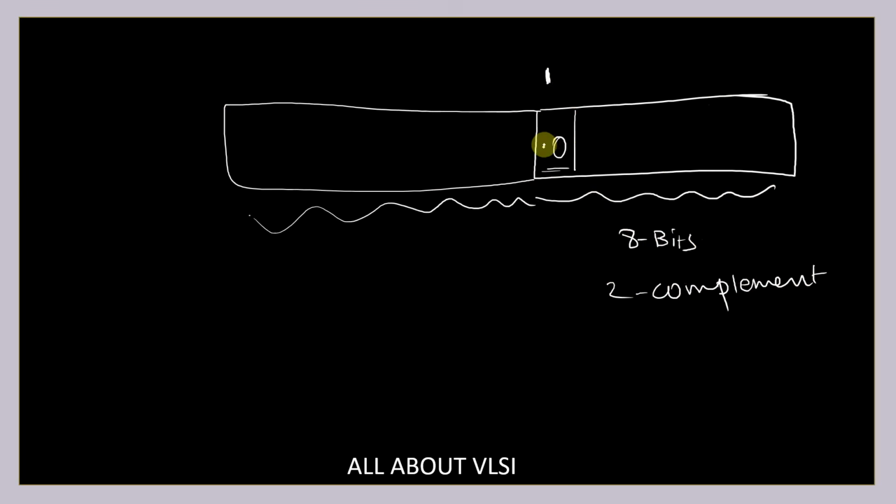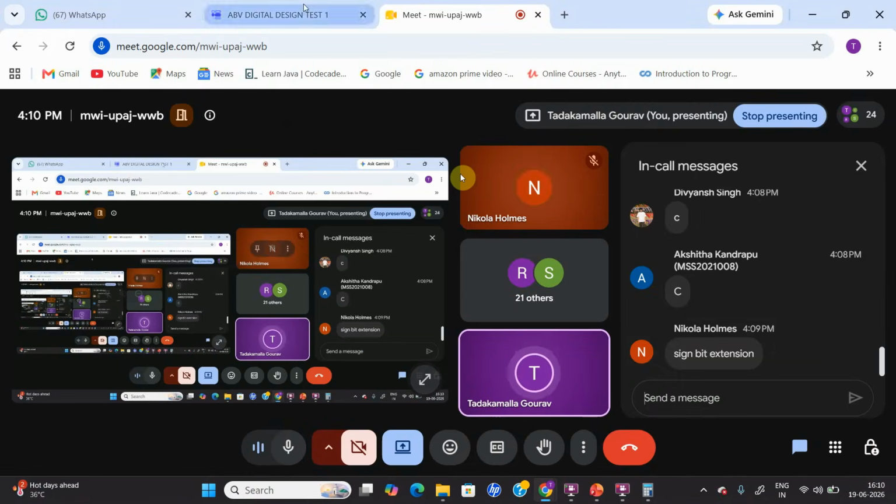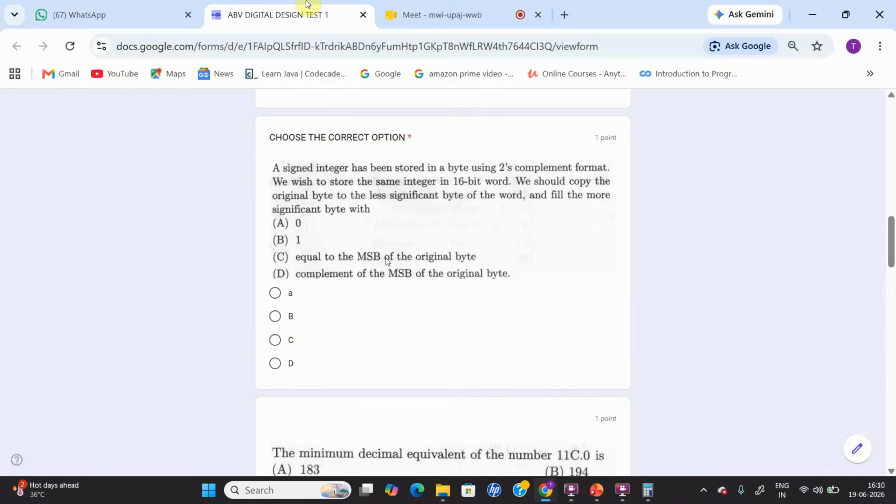If the MSB was 0, you fill with zeros, and if the MSB was 1, you fill with ones. So the answer is exactly sign bit extension: it is equal to the MSB of the original byte.